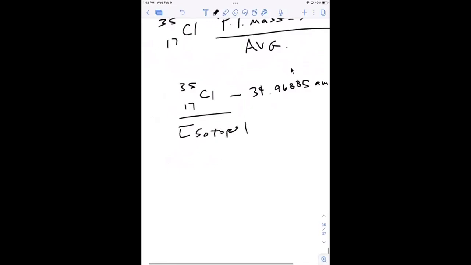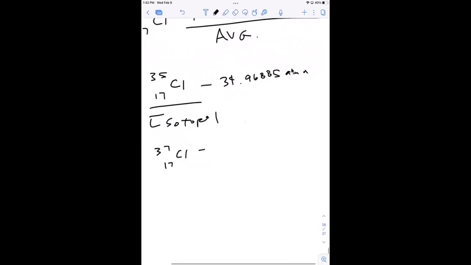The second isotope is chlorine 37, and that has a mass of 36.9590.